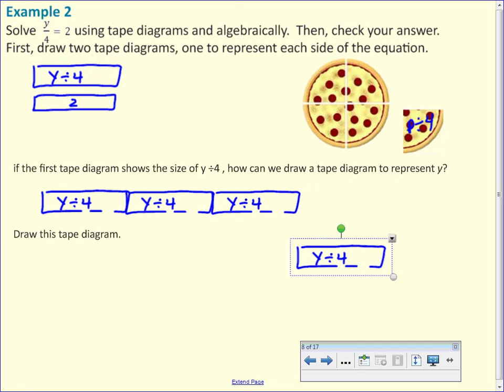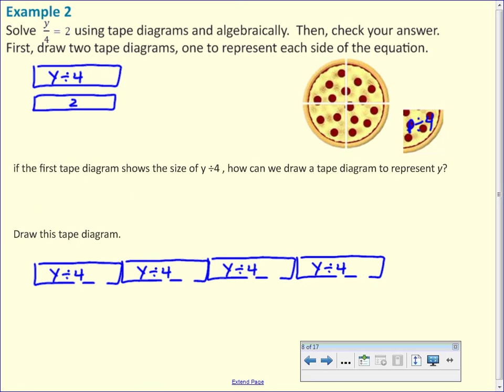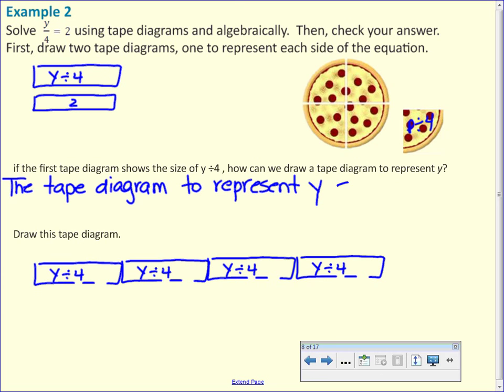Actually, I should have moved this down. So the tape diagram to represent y should be 4 sections of y divided by 4.